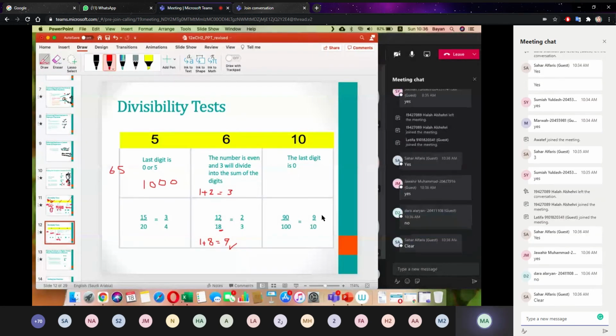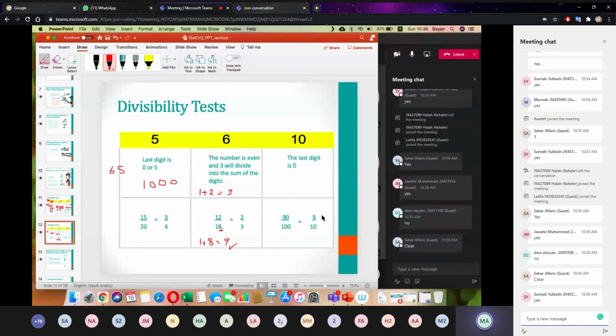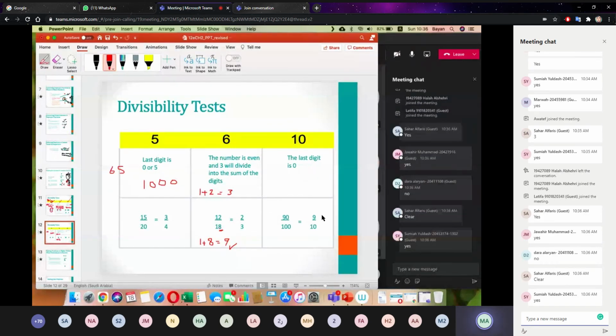It's an even number, and the sum of digits can be divided by 3, so we can divide it by 6. Now if you divide 12 by 6 it will give you 2. If you divide 18 by 6 it will give you 3.